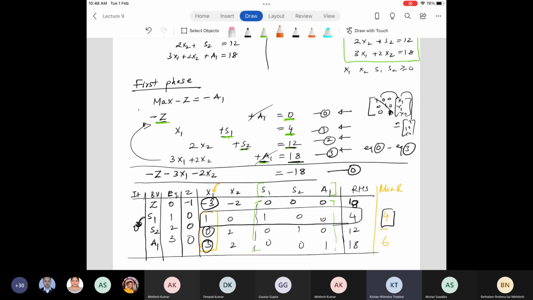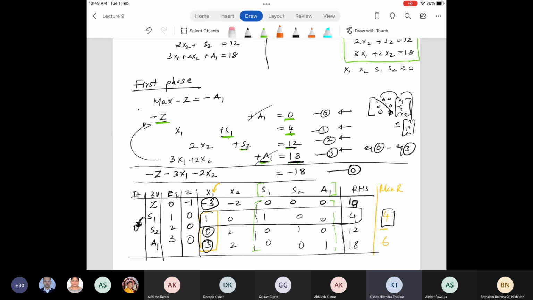So why have we added this equation? We are in the first phase, trying to minimize a1 so that we get our initial solution and we get a1 equals 0.